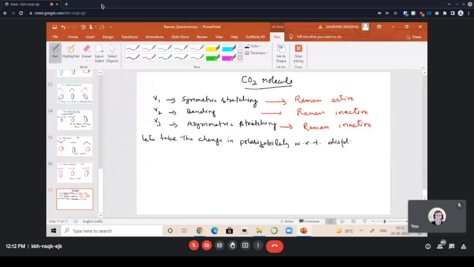Let us call this displacement zeta and the polarizability alpha.